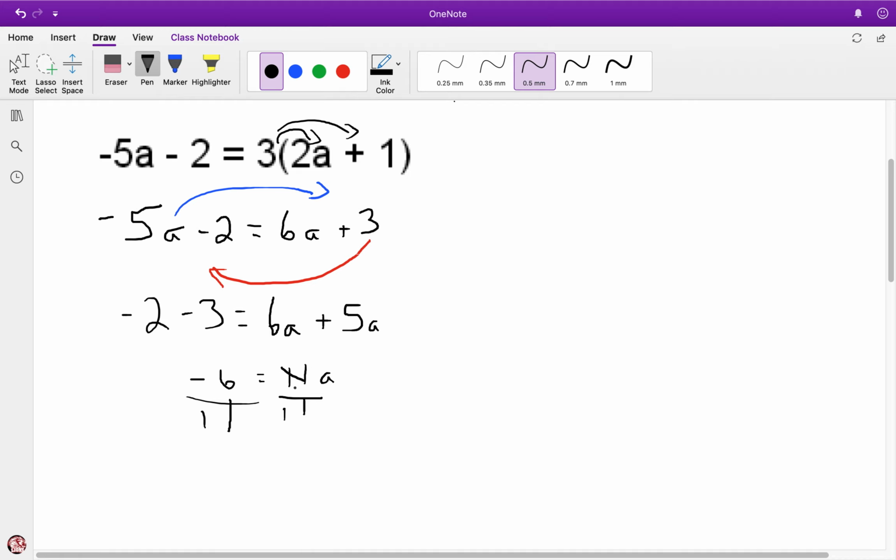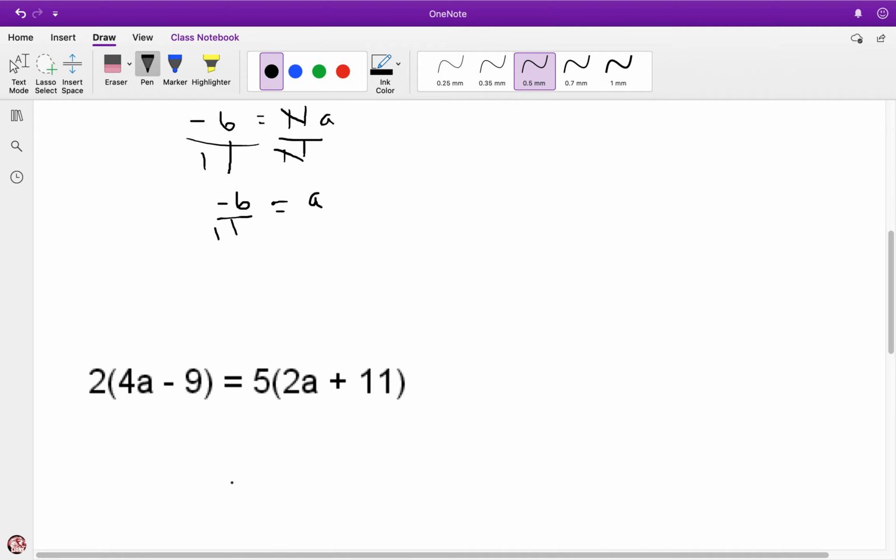So a is going to equal negative 6 over 11. All the questions I give you today will end in whole numbers.